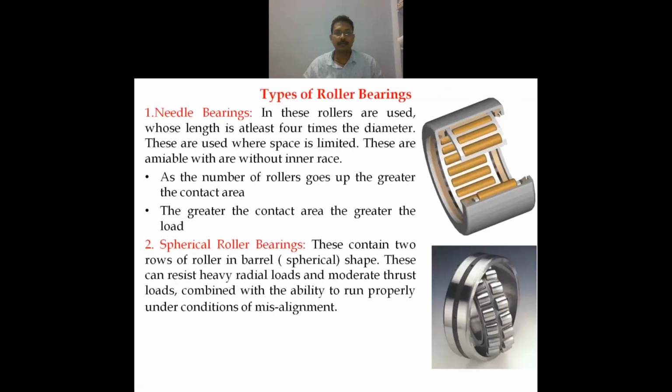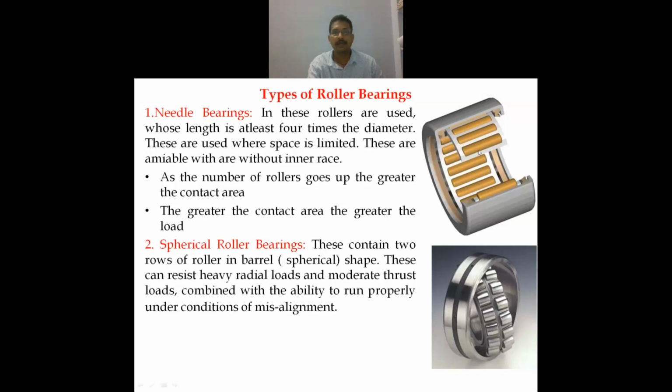Now coming to types of roller bearings, we can see needle bearings and spherical roller bearings. In these, rollers are used whose length is at least 4 times the diameter.